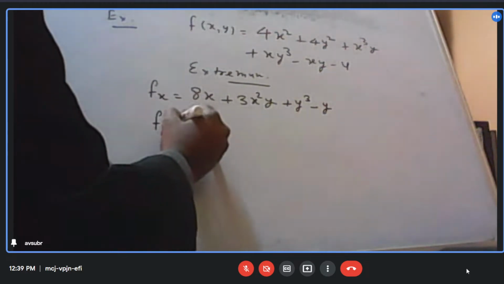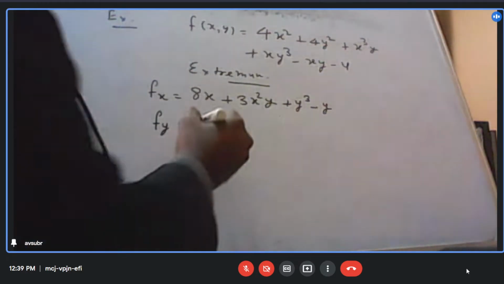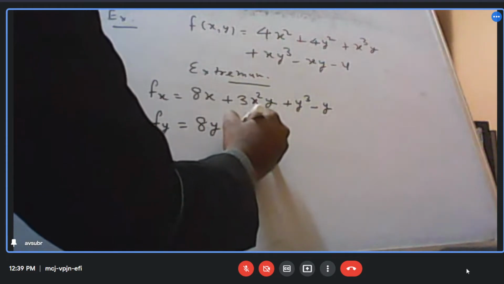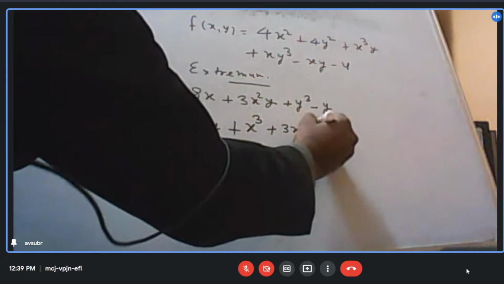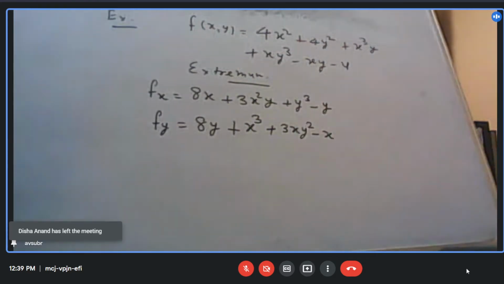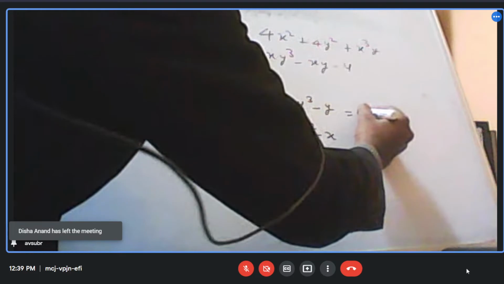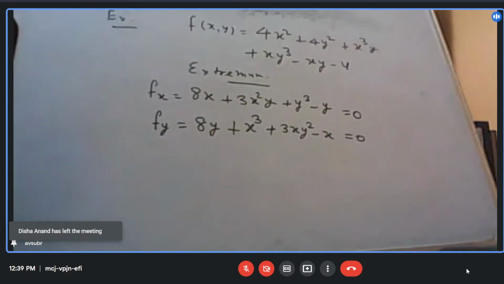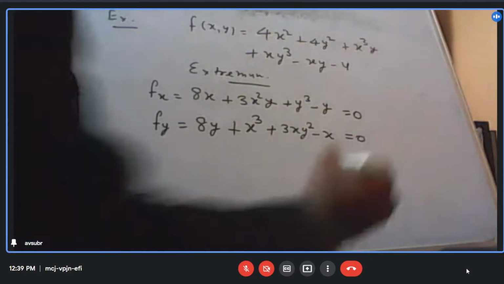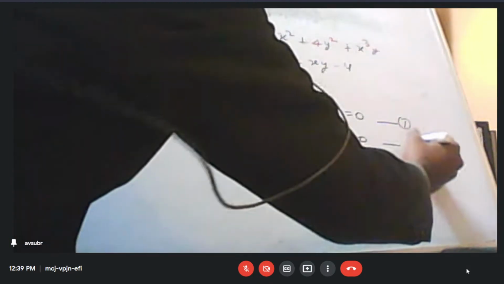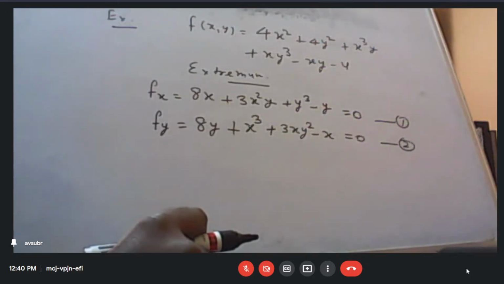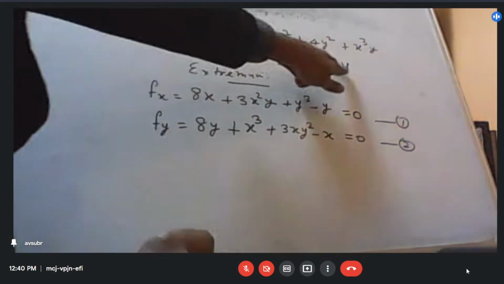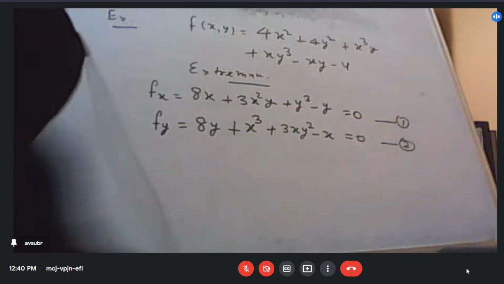Similarly, if I want to find out fy, that will be 8y plus x cube plus 3xy square minus x. From this we will find out the stationary point, the critical point. There is a minus 1 we have left in the last one. xy minus y, we are differentiating with respect to y, so it will be 4. Okay, 4.